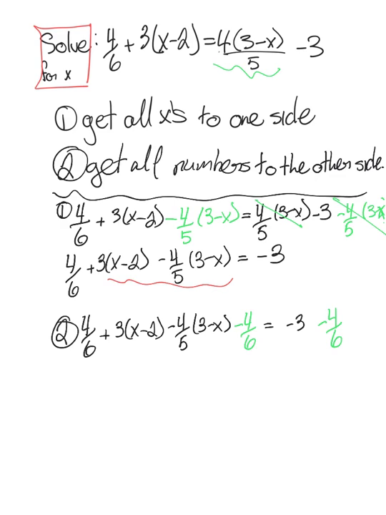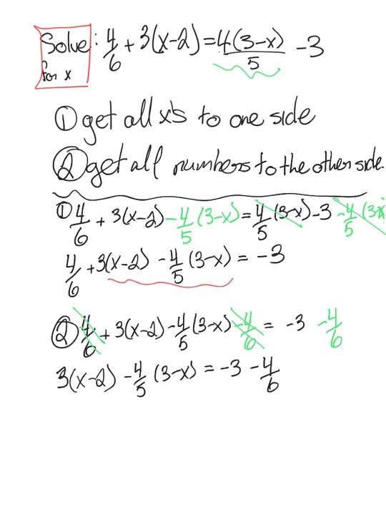And as you can see, these two 4/6 will cancel out. What are we left with? We're left with 3x minus 2 minus 4/5 3 minus x equals -3 minus 4/6.